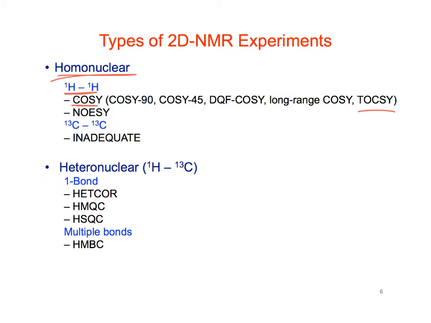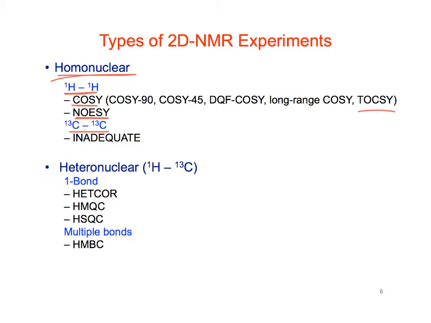We can have COSY, right, that is looking at coupling, so J coupling, and then NOESY is a type of experiment that looks similar, but it is looking at the nuclear Overhauser effect, so through-space interactions. There is a homonuclear experiment that shows coupling between C13 atoms.